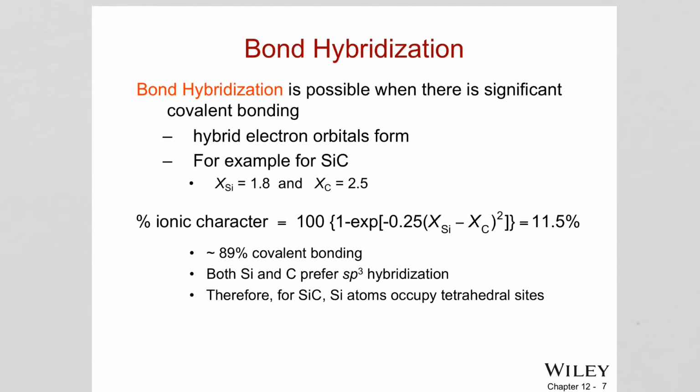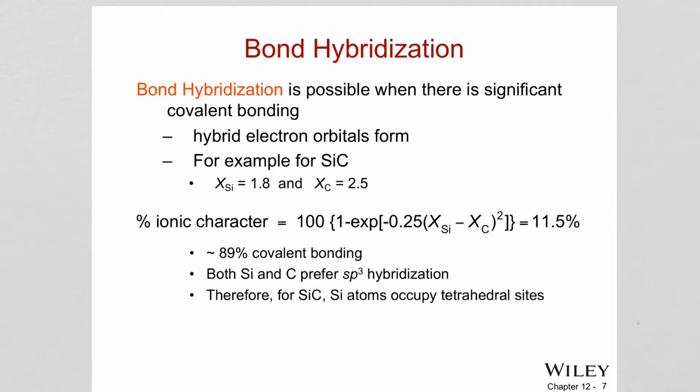Bond hybridization happens, remember, when there is covalent bonding forming. One example is silicon carbide. This is similar to the zinc blende crystal structure.